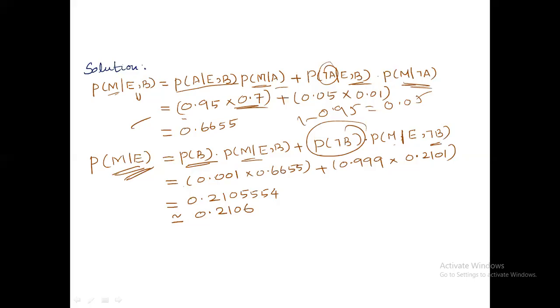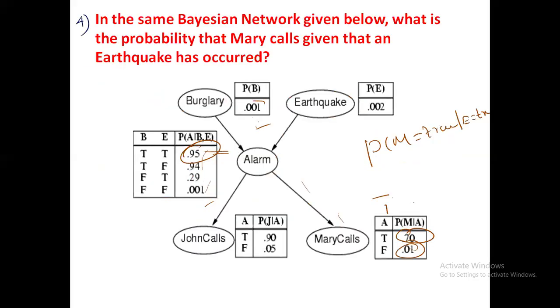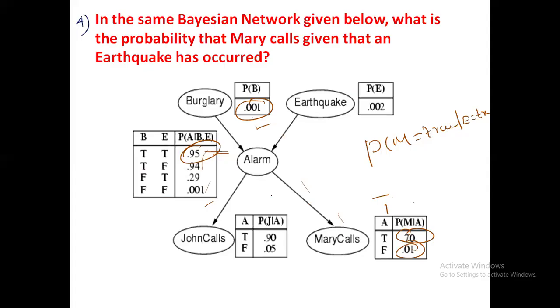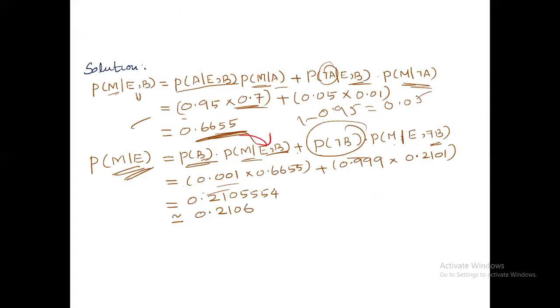B means burglary had happened, B bar means it had not. So multiplying, B is 0.001 into probability of M given E comma B, and from this we take the value 0.665 and substitute it. And the probability of B bar, burglary bar, is 1 minus 0.001, equal to 0.999.